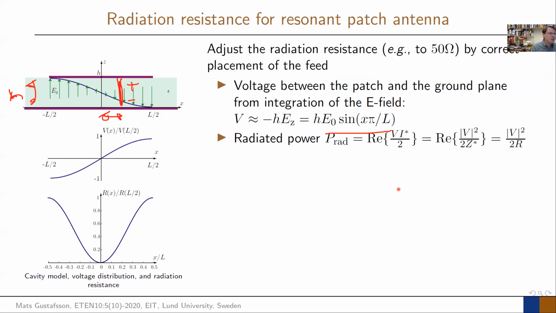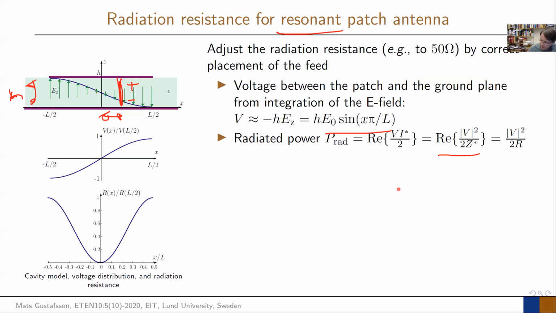Then I can ask, what is the radiated power? And the radiated power, we assume it's a low loss or lossless antenna. That is the voltage times the current in the feed over 2, the real part. I rewrite that in the voltage squared over the input impedance, complex conjugate. Now I assumed it's a self-resonant patch here. So the input impedance is resistive.